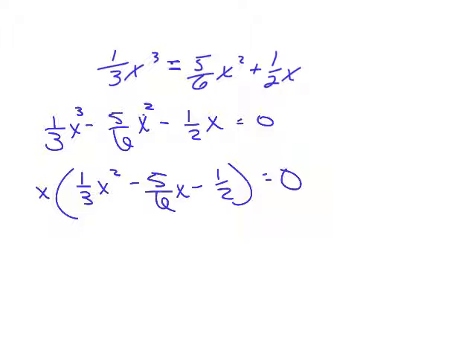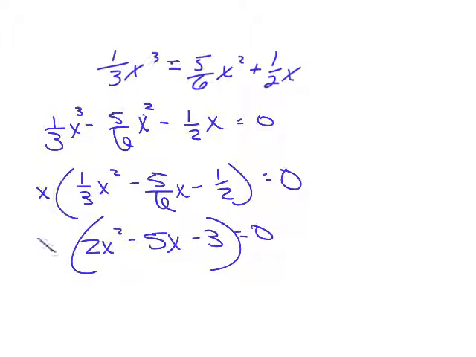The fractions. You can simplify it by the least common denominator. Okay, so what is the least common denominator? 6. Okay, 6. So if we multiply that whole parentheses times 6, we're going to be able to make a change there and end up with 2x squared minus 5x minus 3 equals 0.